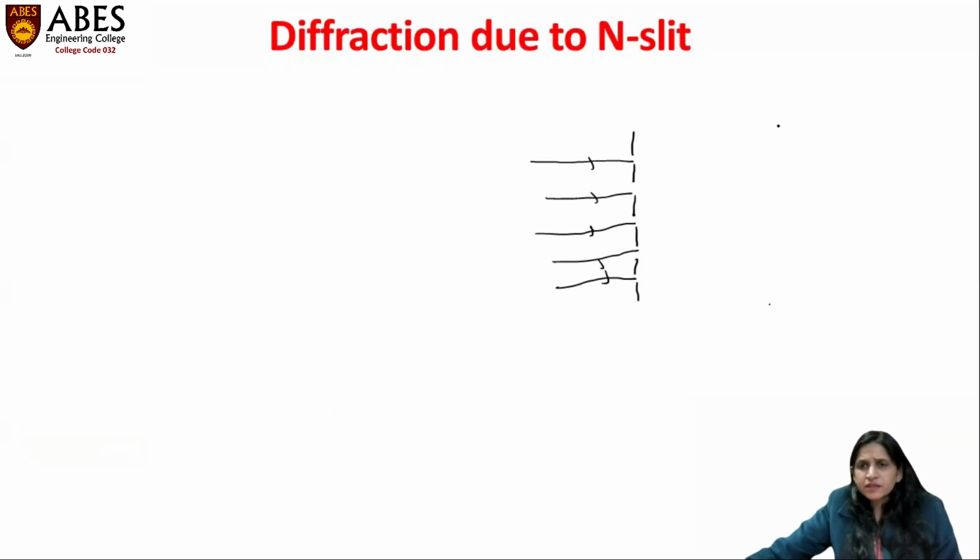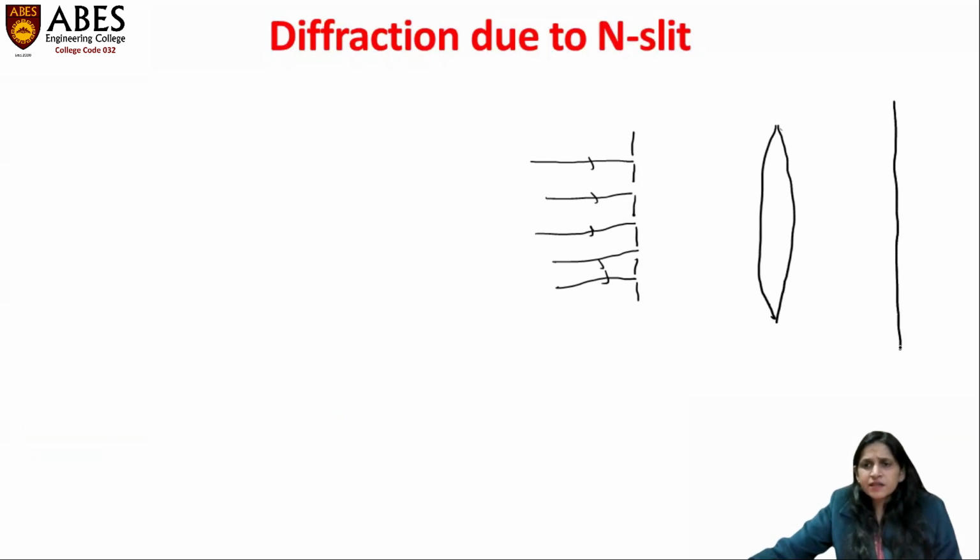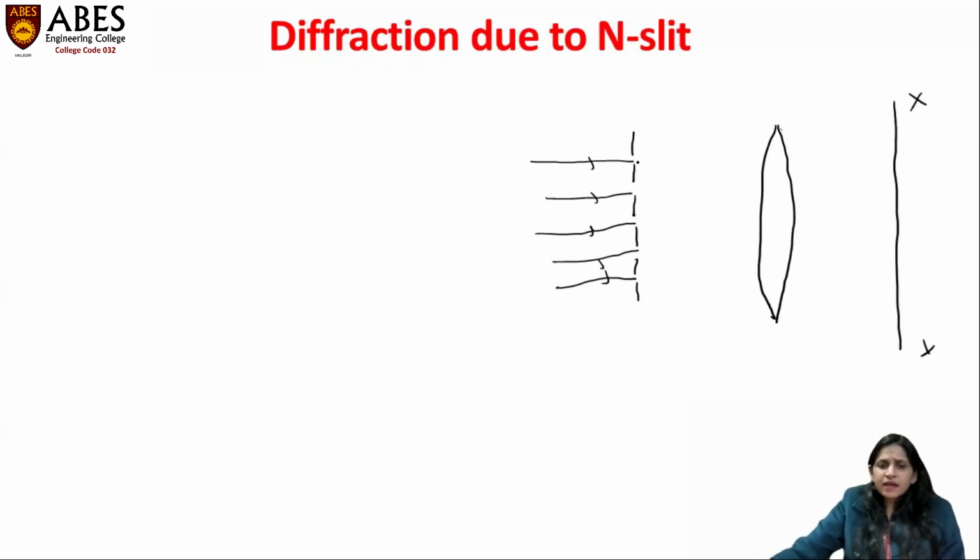So let us draw the lens, and here is the screen XY as usual. The light that will not bend will give us the center C. All the light that is not bending will focus and give us the center C.